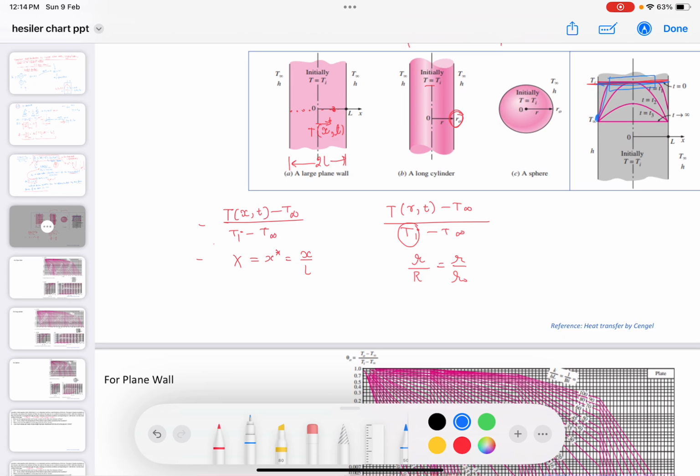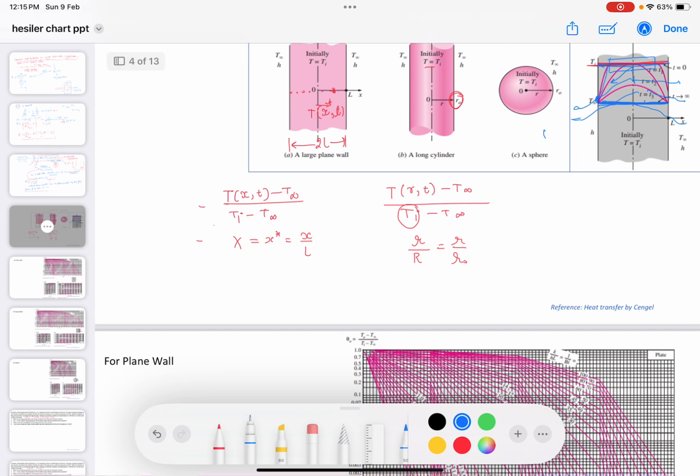But as time marches forward, the center temperature reduces, and it comes into equilibrium with the ambient temperature, in which there will be no heat transfer. Heat inside goes out to the ambient. That is why the temperature is reducing.